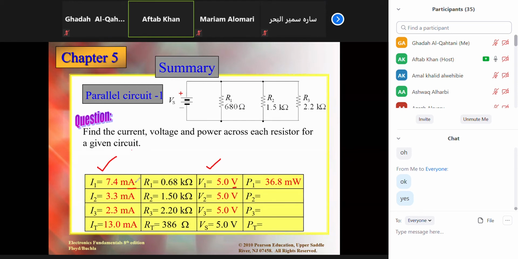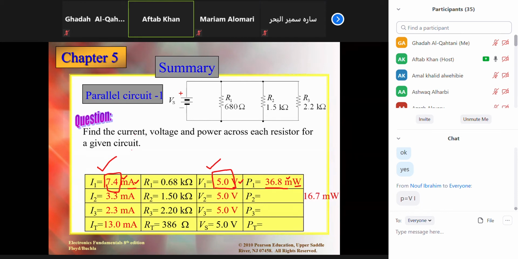So ampere and volts will make watt, and milli is in multiplication, so it will be with it. So I just multiply these two numbers, and the answer is 36.8. Same you can do for another one and you will get all the parts.